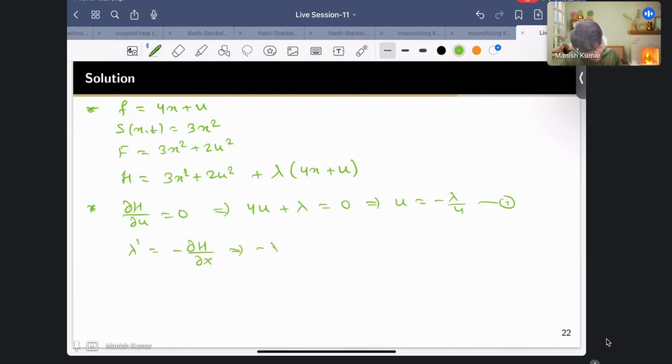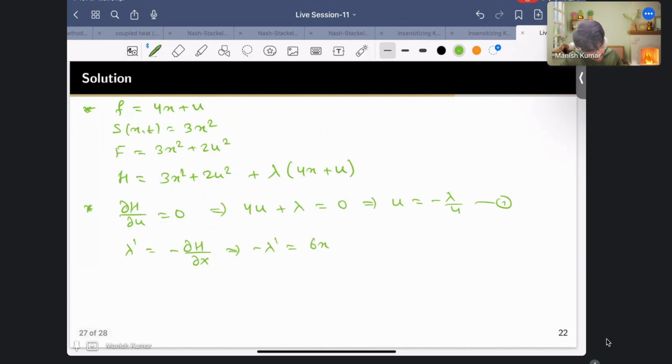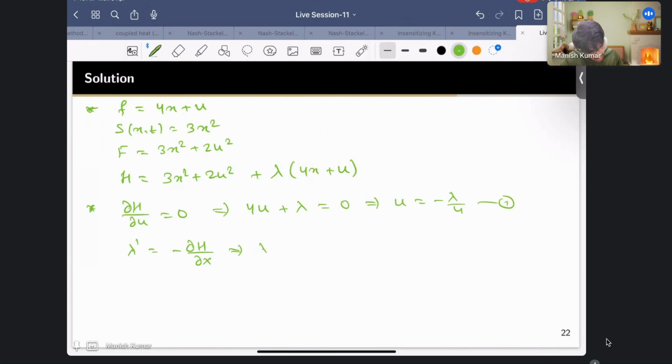If you differentiate with respect to x, you'll get 6x, and here you get 4 lambda. The third one was just the state equation, x prime is equal to f, which is 4x plus u, and u you can replace from here, which is minus lambda by 4.